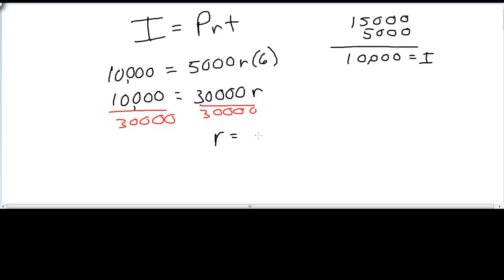So my R is equal to 10,000 over 30,000. And if I reduce, canceling my zeros, I'm left with 1/3. Now, I need it as a percentage. So as a percentage, if I divide 1 by 3, I'll get 0.333 repeating.